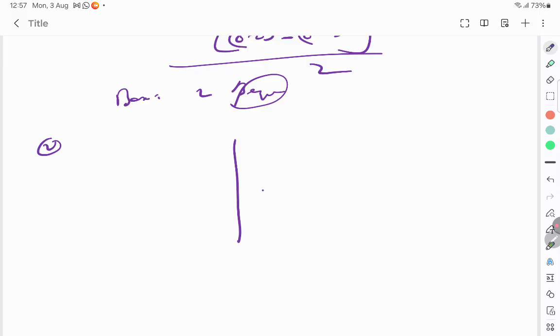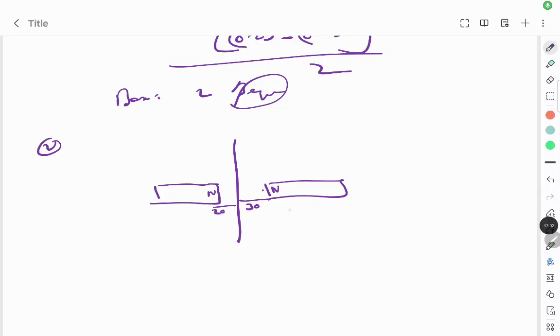The north pole of one magnet is 30 centimeter east, and the north pole of another magnet is 20 centimeter towards the west.